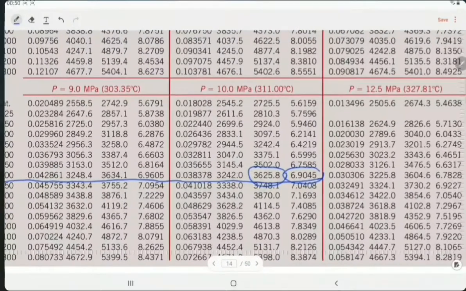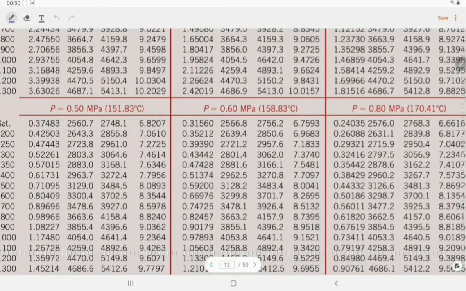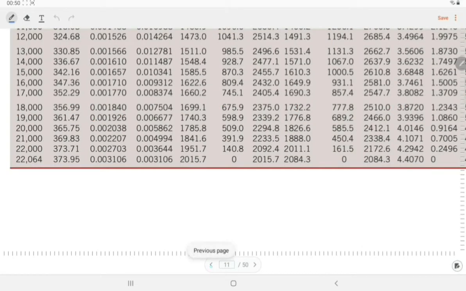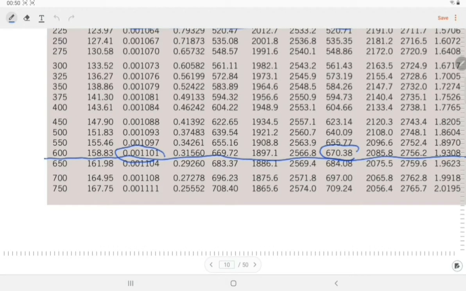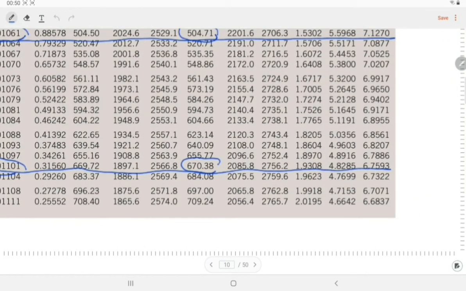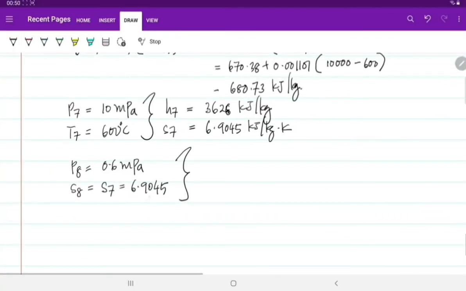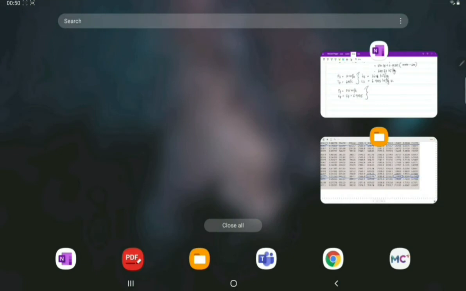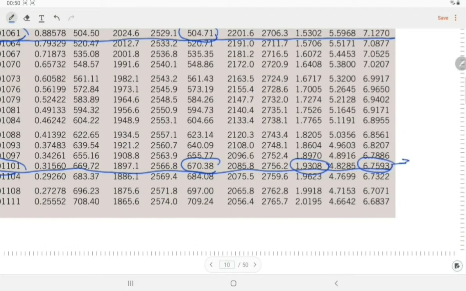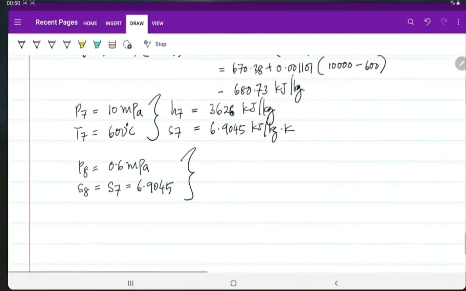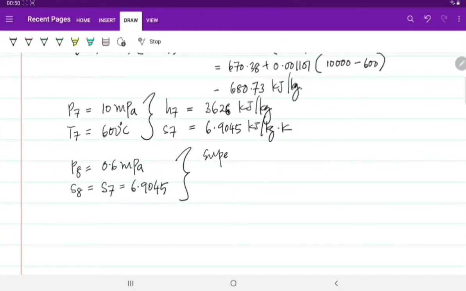At 0.6 megapascal, look at the mixture table. SG is 6.7, SF is 1.9. But our S here is 6.9, which is above this one, so it is in the superheated steam.